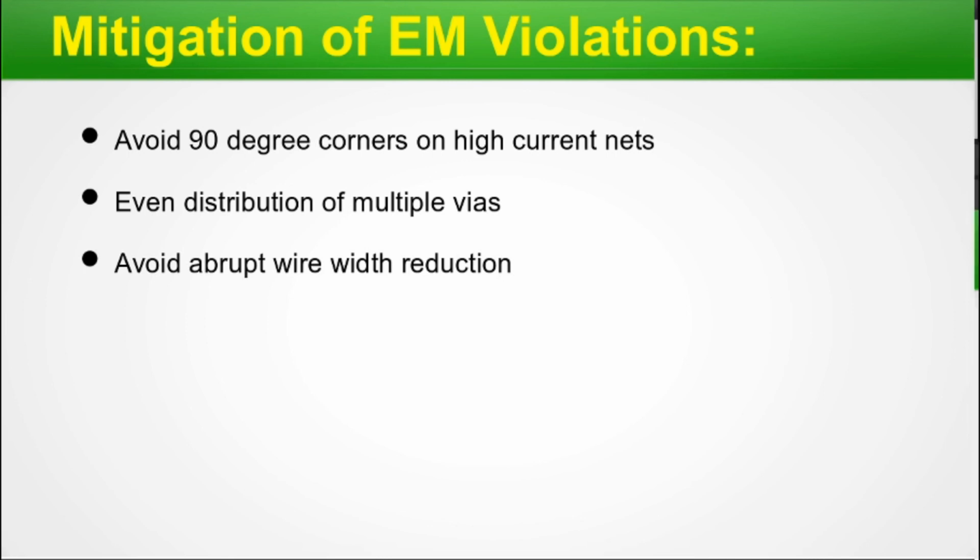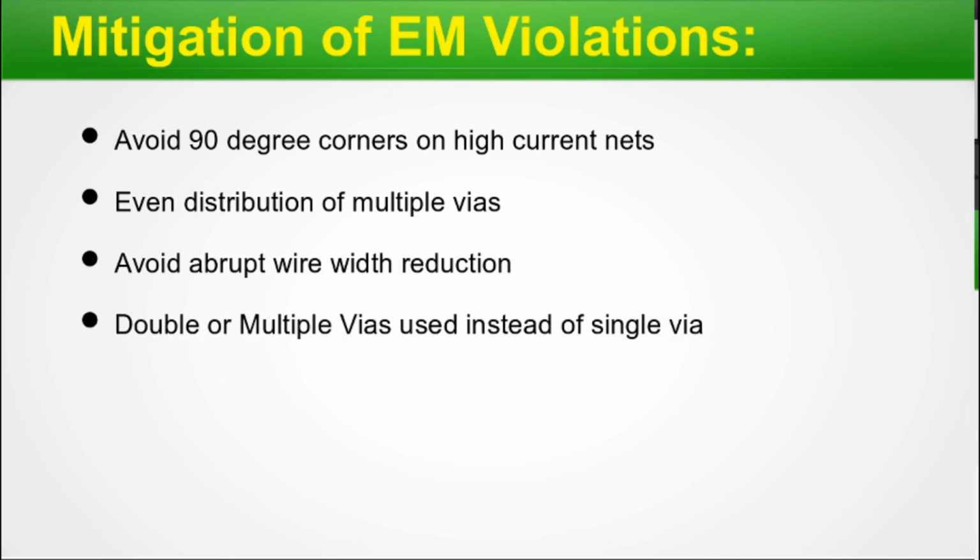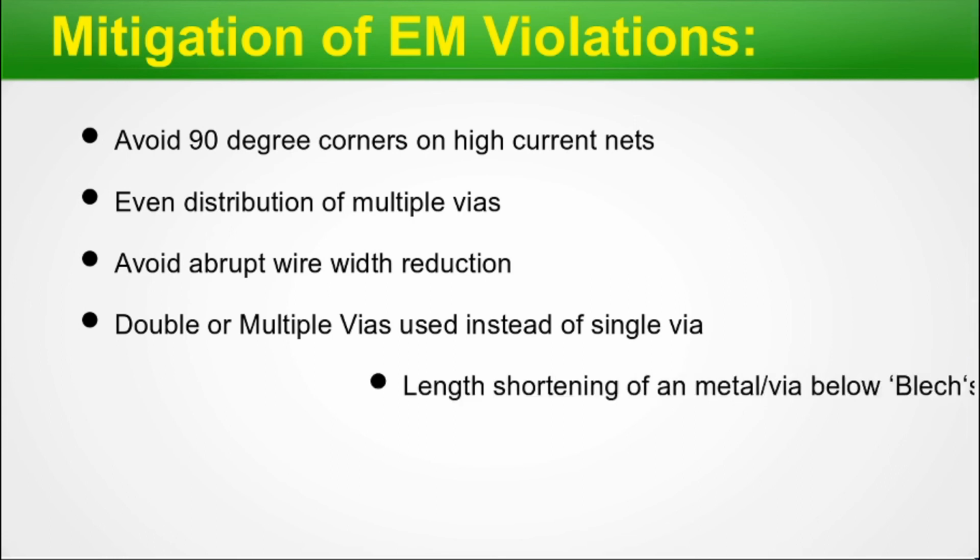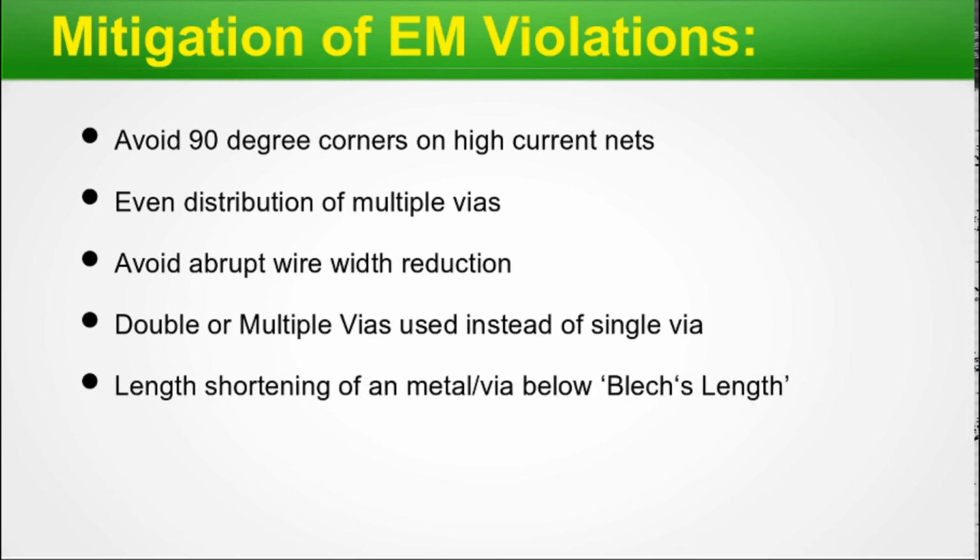We have to avoid abrupt wire width reduction. Double or multiple vias have to be used instead of a single via which is getting violated. Shorten the length of a metal or a via below the Blech length. Increase the wire width to reduce the EM.